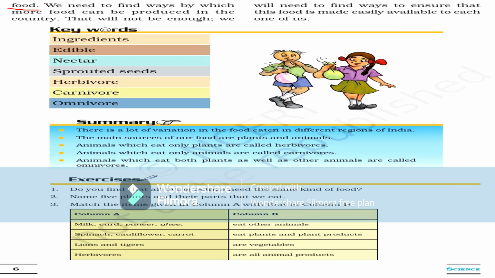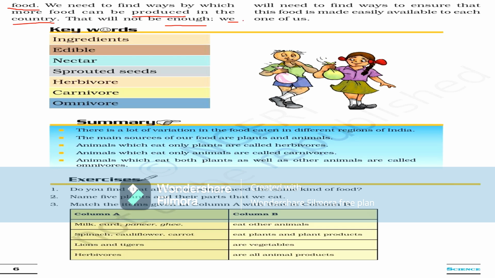We need to find ways in which more food can be produced in the country. What we are producing today will not be enough, so we have to find different ways.